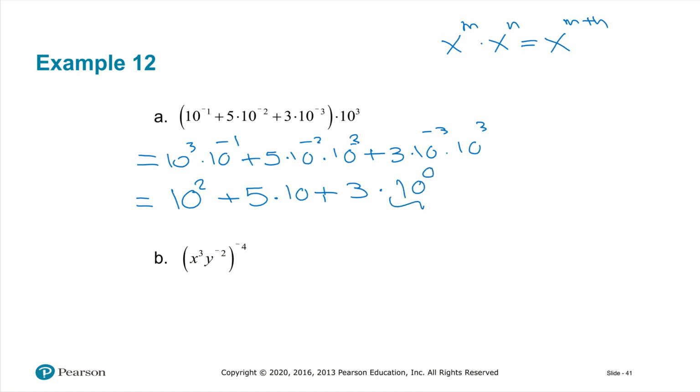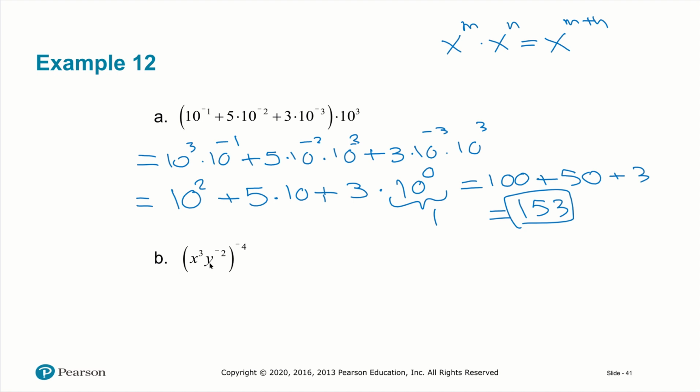Now I know that 10 to the 0 is 1. So now let's see what we have. We have 100, that's 10 squared, plus 5 times 10, which is 50, plus 3 times 1, which is 3. So final answer, 153. Okay?